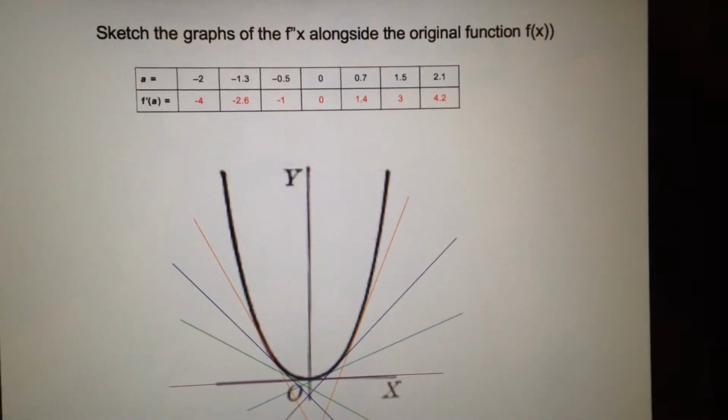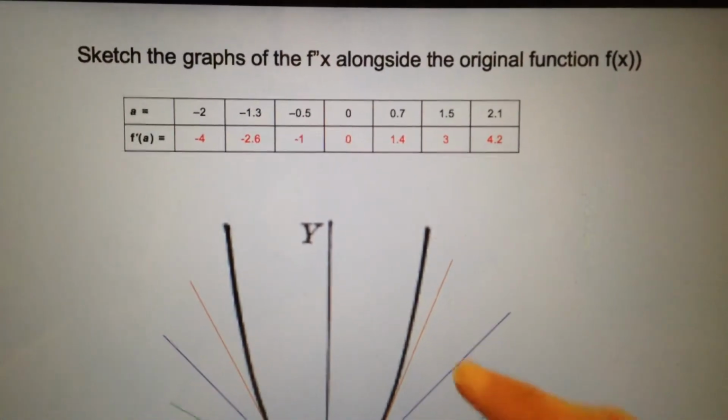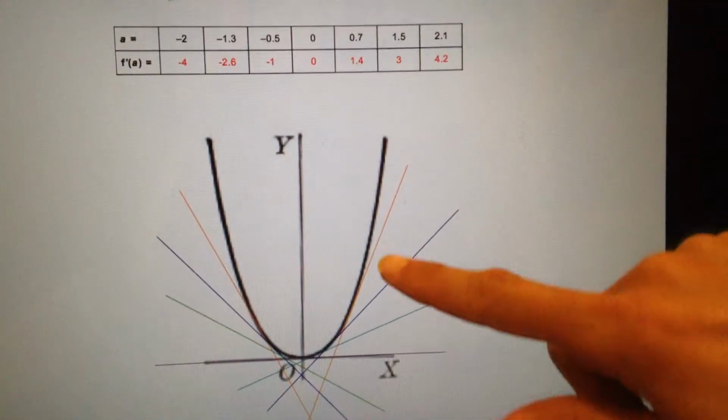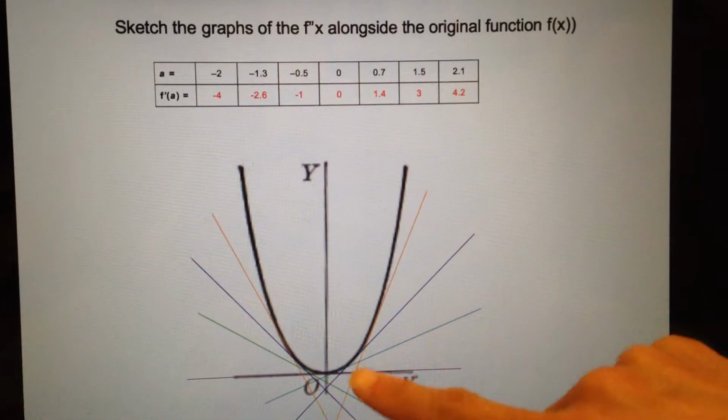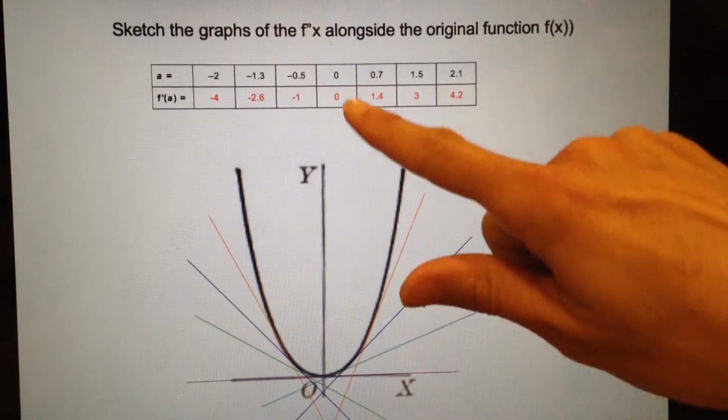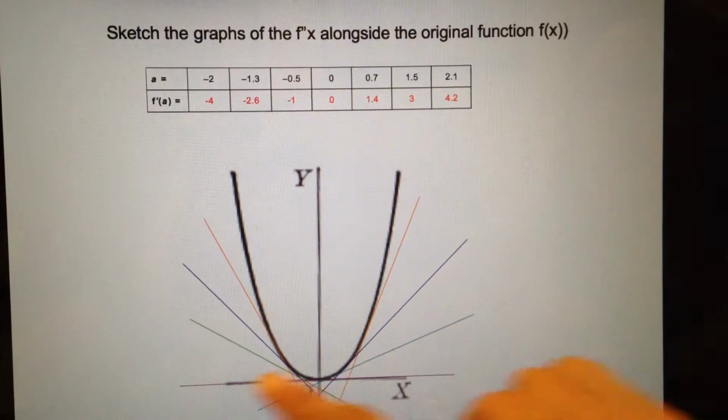And then sketch the tangent lines at these points. You'll see the graph when a is 2, and it goes down to where a is 0, and f prime of a would be 0.